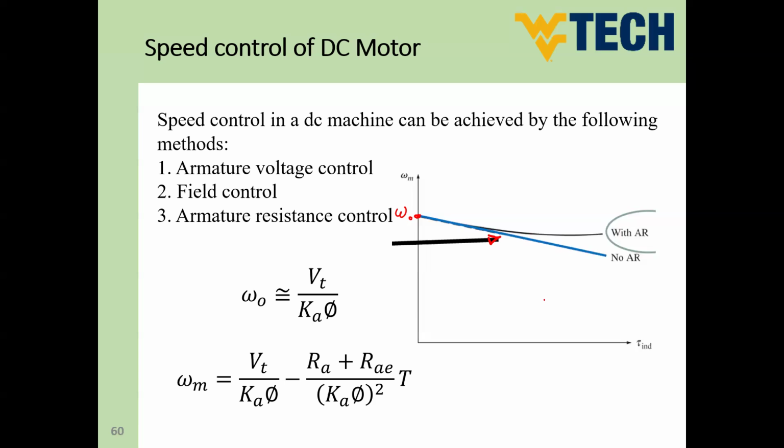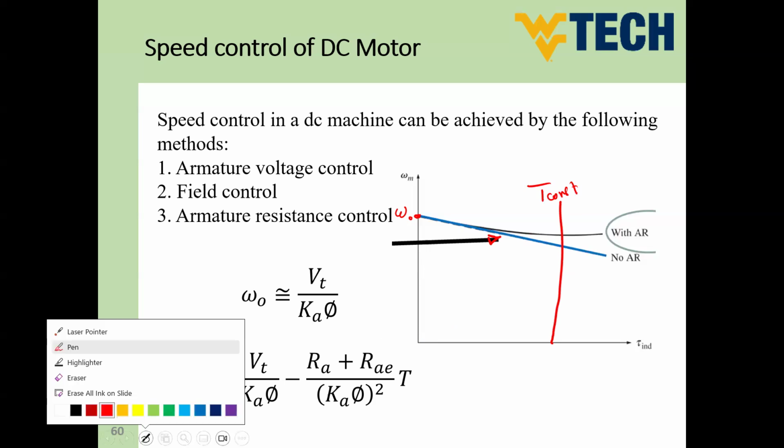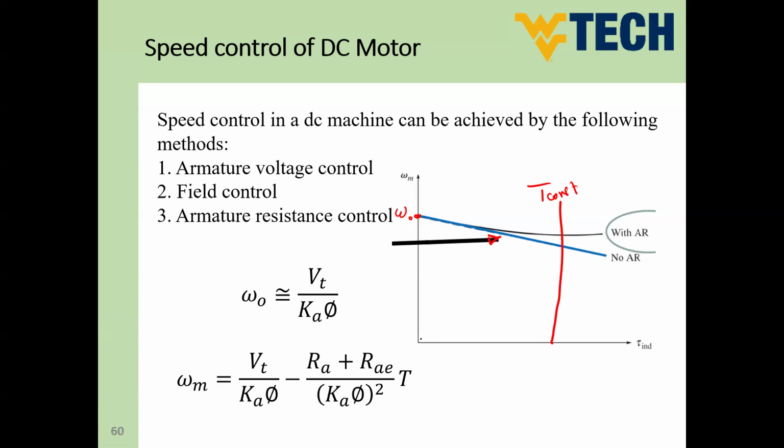So let's say this is a constant load torque. Torque constant. Let me have another type of loads. This is torque load proportional to speed.